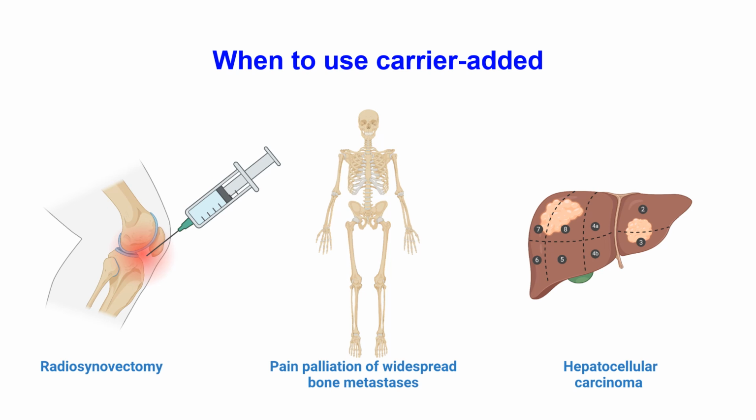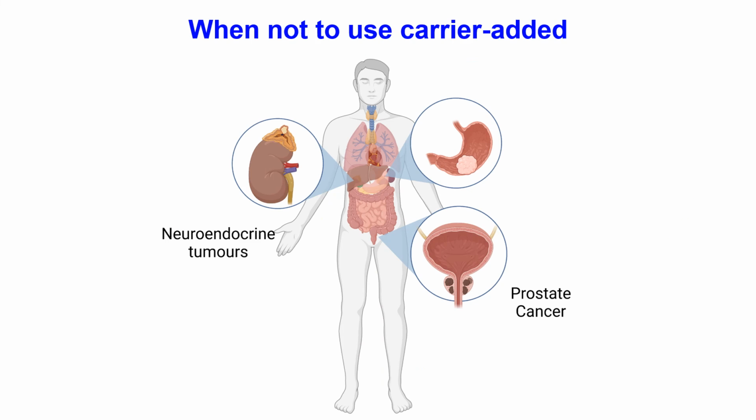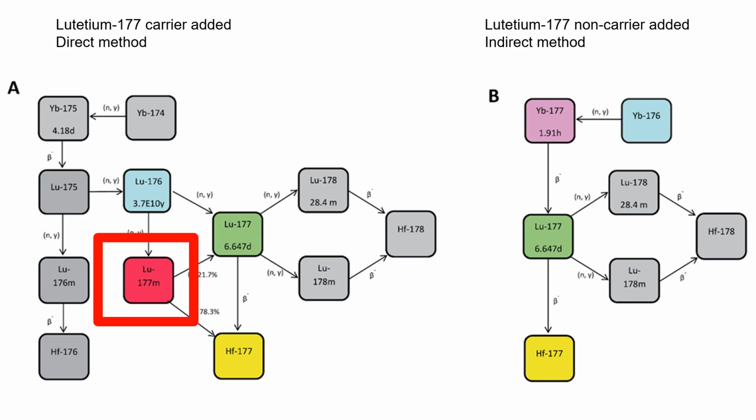So radiosynovectomy, bone pain palliation, and hepatocellular carcinoma are all great ideas for the use of lutetium carrier added. In some instances, I would even say if it's widely spread prostate-specific membrane antigen targeting for prostate cancer, carrier added lutetium can still work. When not to use it: here I said prostate, but neuroendocrine tumors are the ones where you have to be more careful, especially neuroendocrine tumors, because the receptors are not so widely expressed.